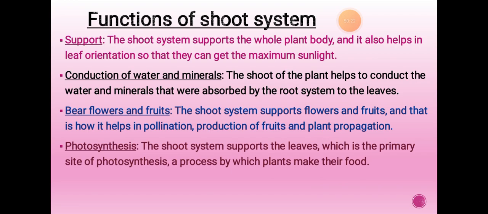They are present in the stem. The shoot system will help the plant carry that water and those minerals collected by the root system towards the leaf, because the leaf needs them for the process of photosynthesis to make food. They are definitely going to need that.